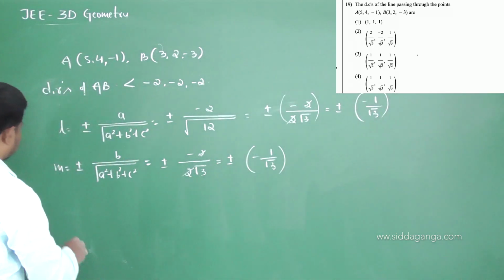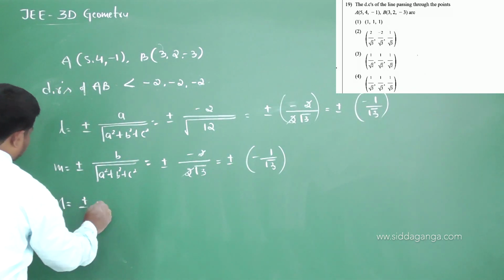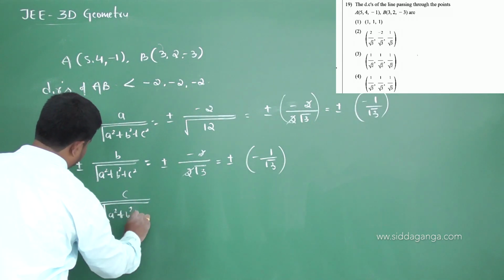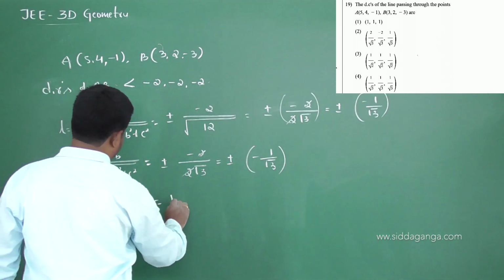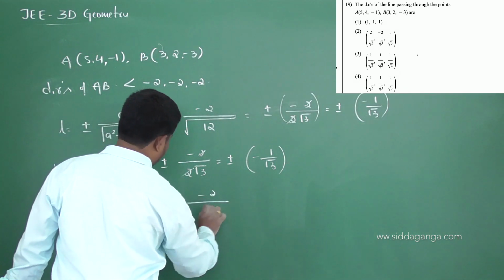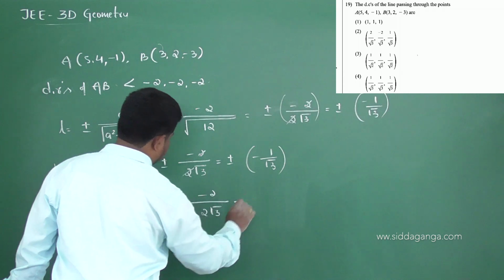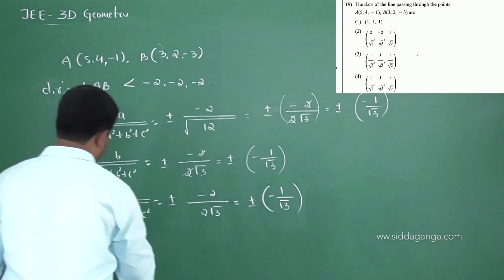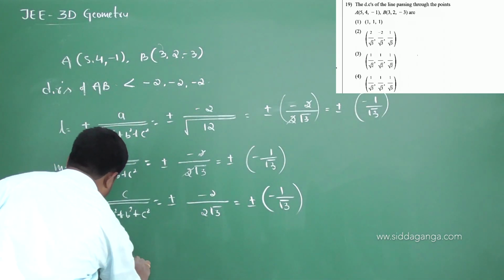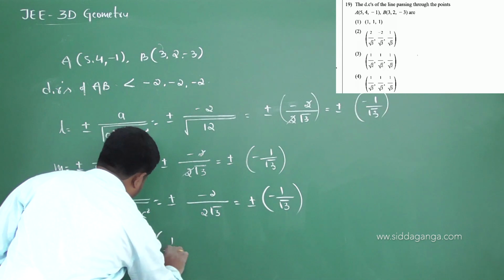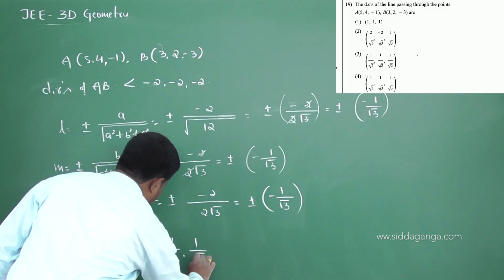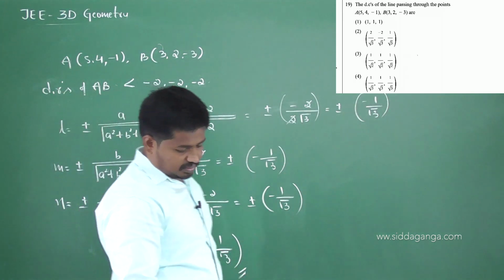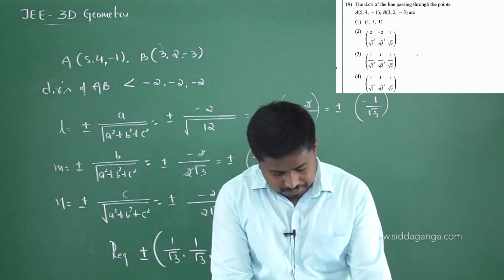And the last cosine, N, is equal to plus or minus C divided by root of A square plus B square plus C square, so again plus or minus 1 by root 3. Hence your required ratios are plus or minus 1 by root 3, 1 by root 3, 1 by root 3. So this comes in the 4th option.